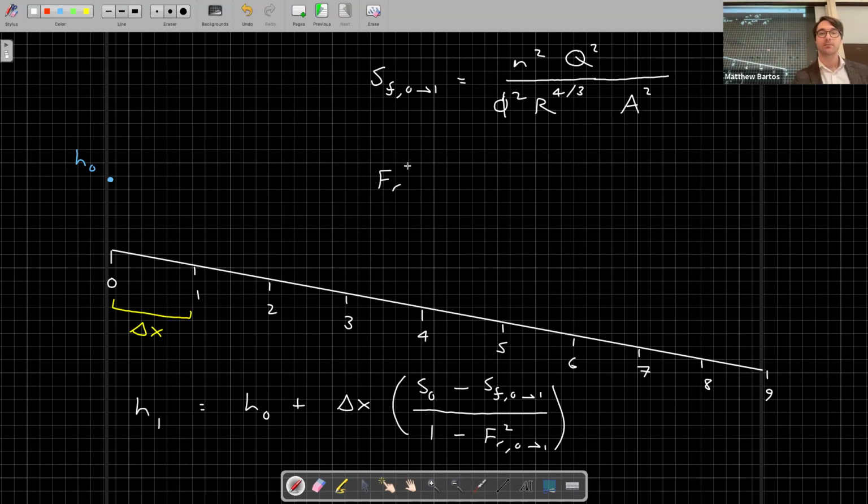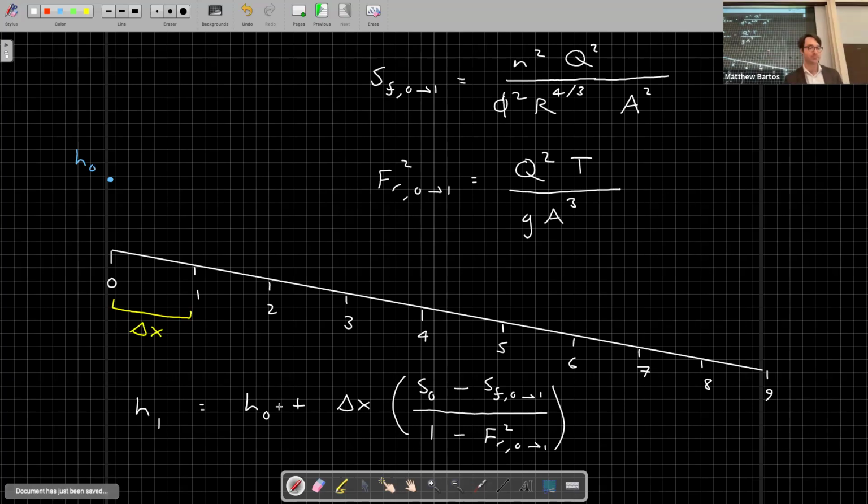Similarly, the Froude number squared from 0 to 1 is going to be q squared times T divided by g times A cubed. So my question for you is, we have the hydraulic radius, the cross-sectional area, and the top width. Which value of h do we use to compute those hydraulic geometries?